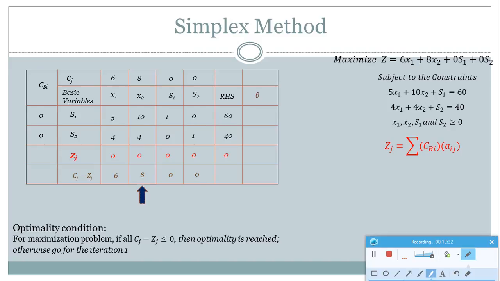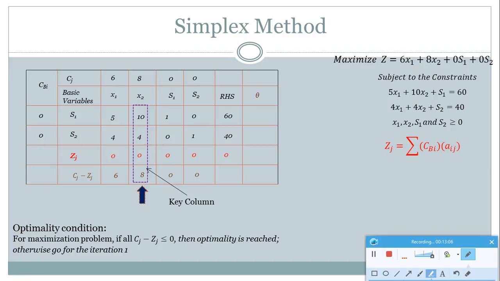First, the maximum positive value of Cj minus Zj is selected. So here out of the values 6, 8, 0, 0, 8 is the maximum value which is selected. This arrow represents the maximum positive value we have selected. The column corresponding to the maximum positive value of Cj minus Zj is called the key column.